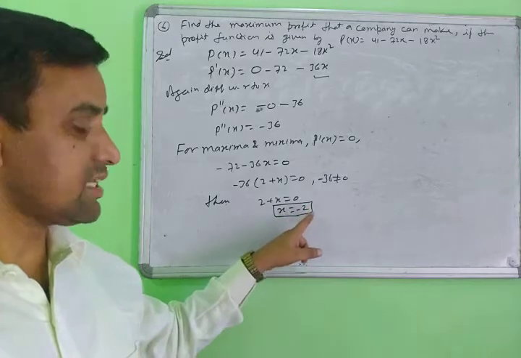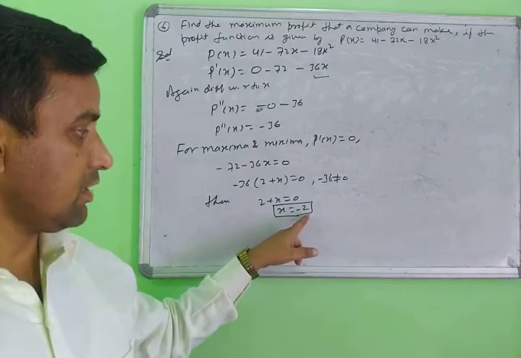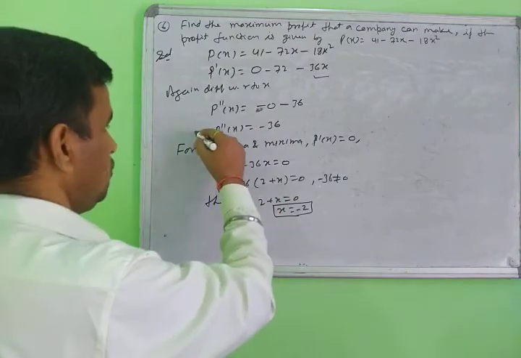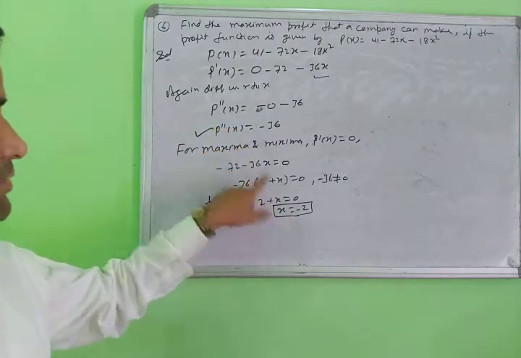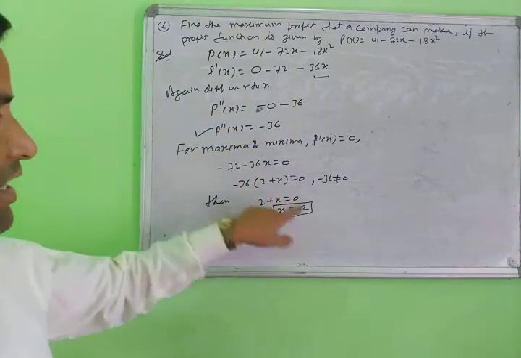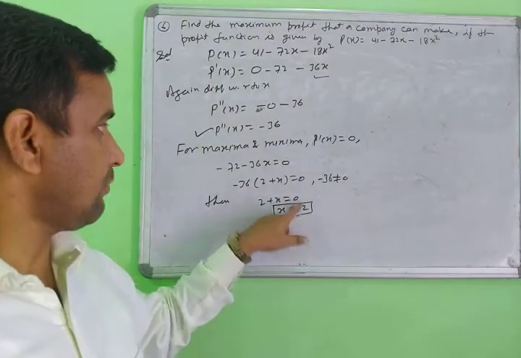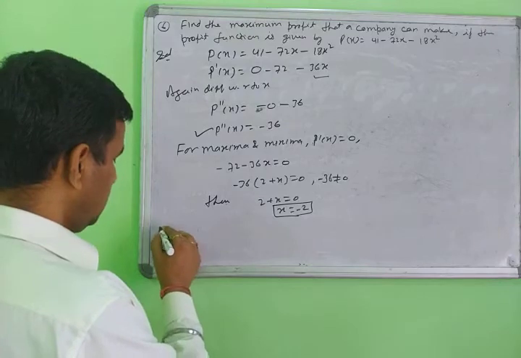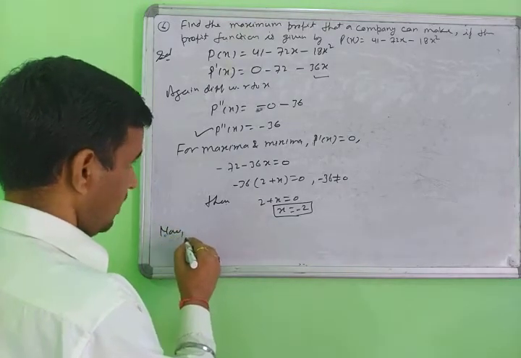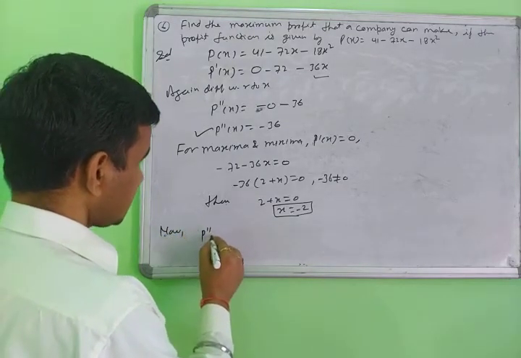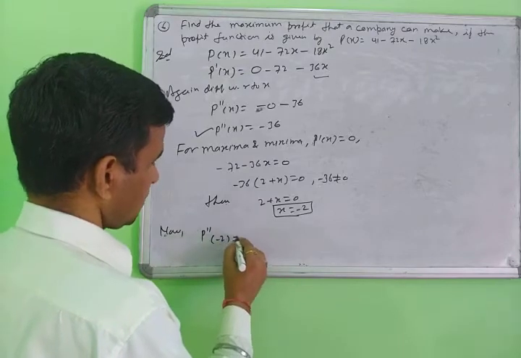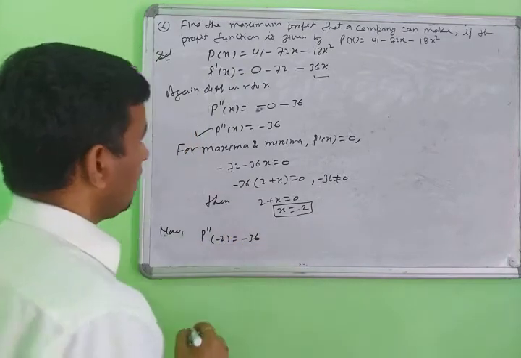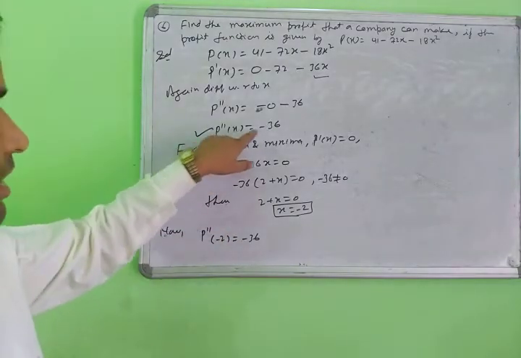How to check whether this point is the maxima or minima? You will put this value in the second order derivative and check with the help of this second derivative test. So P double dash at minus 2 is minus 36, and there is no x here.